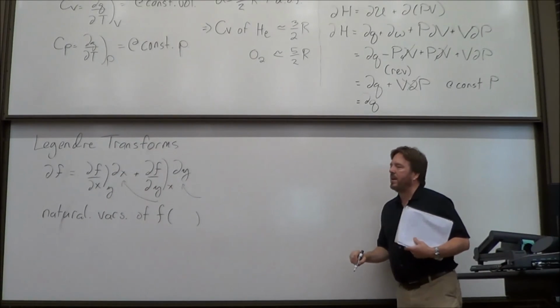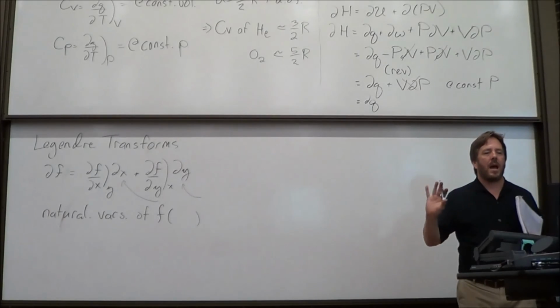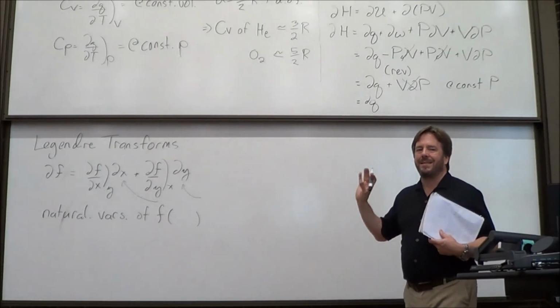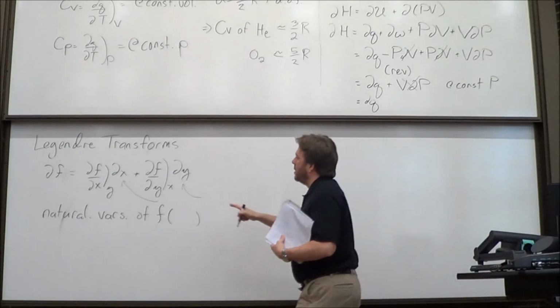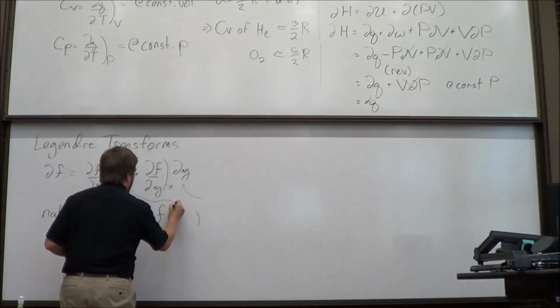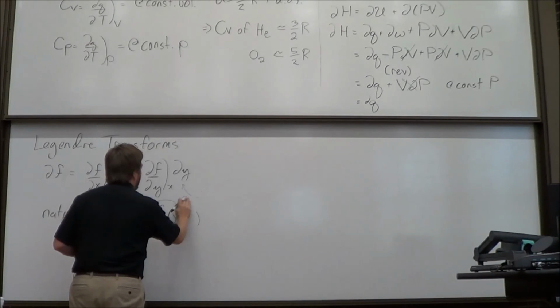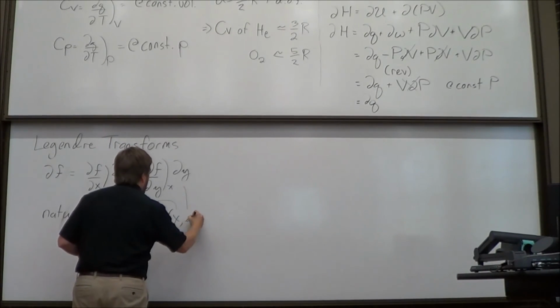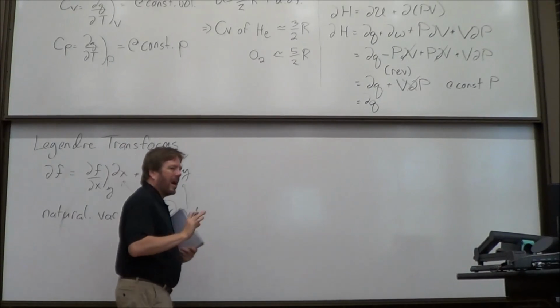So again, I've written something changing. Right now it's f of x and y's and z's. What you do is you look here and here, and now I can see that f is a function of x, and it is a function of y. Okay, it's child's play.